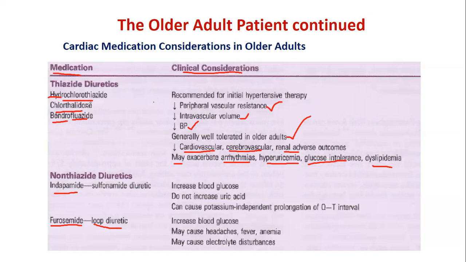The good side of thiazide, it is easily tolerated in elder adults. Like a patient came to you and patient is young, patient origin from Asia, you choose ACE inhibitor first. But if a patient came from African origin, it is good to go for calcium channel blocker.